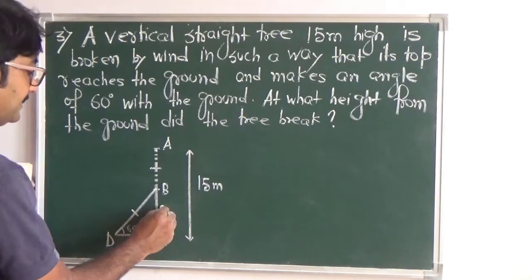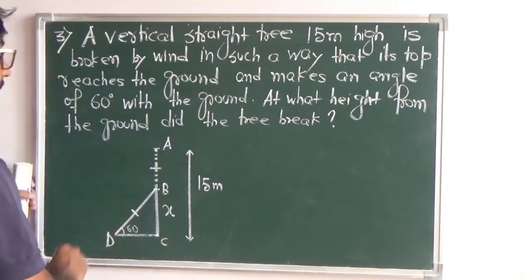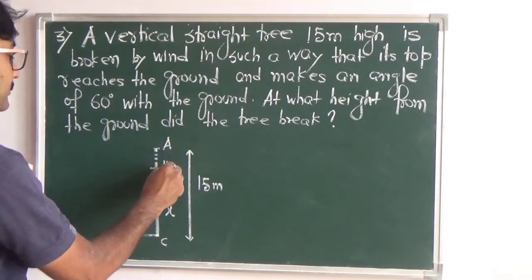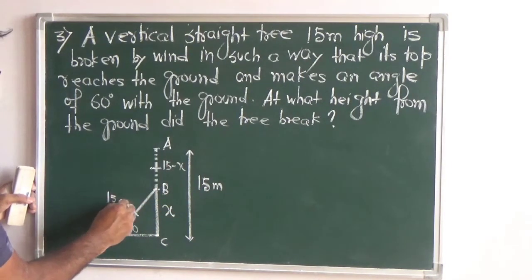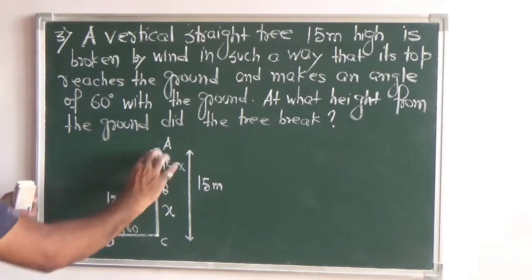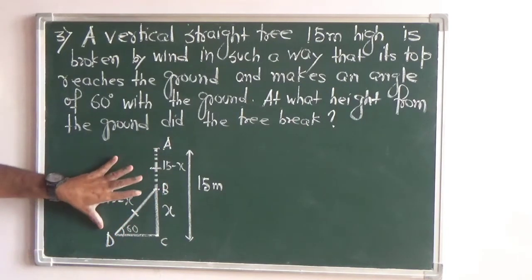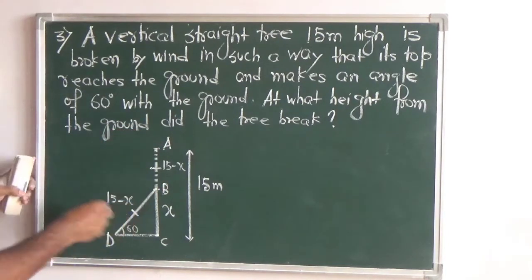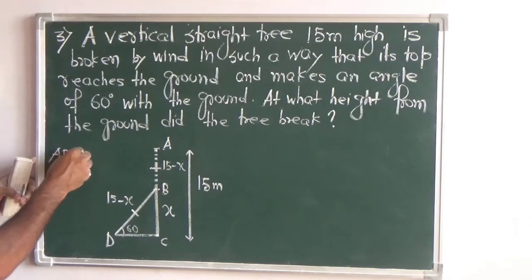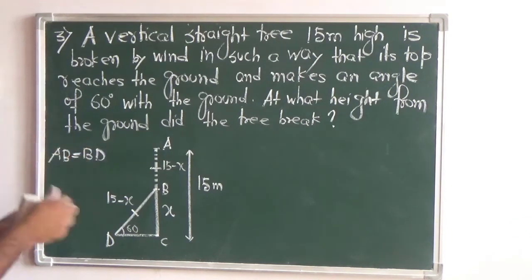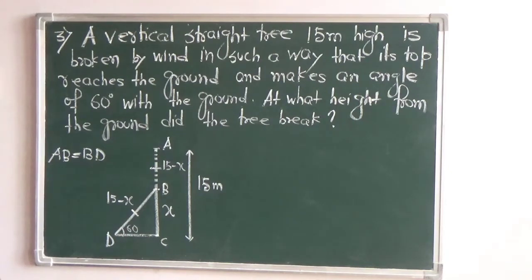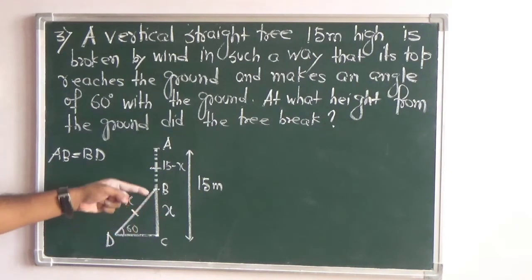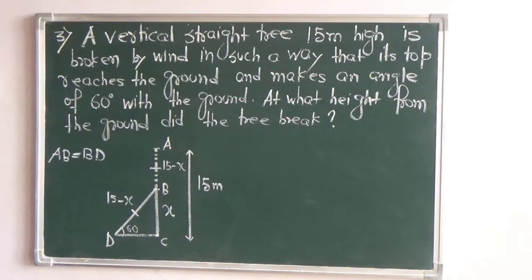So let us take this part as x, then this is 15 minus x, and BD is also 15 minus x, which is the broken part AB. We need to find the value of x, that means the height from the ground where the tree has broken.